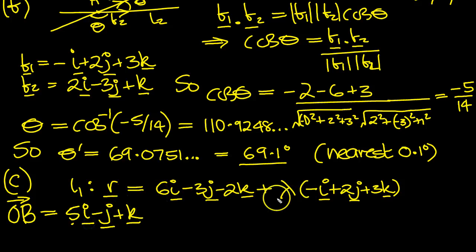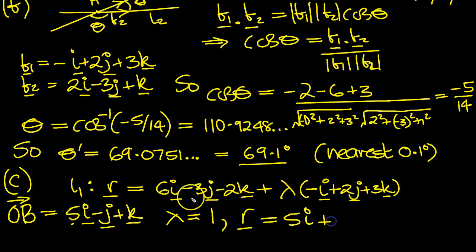So for it to lie on this line, then the 5, when does 6 minus lambda equal 5? Lambda equals 6 minus 1. If I put 1 there, I'll get 5, won't it? So if we try lambda equals 1 then, the r vector is equal to 6 minus 1, which is 5i, minus 3 plus 2 is minus 1, so that's minus j.